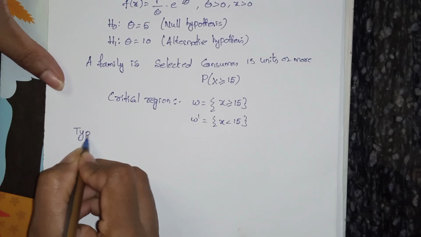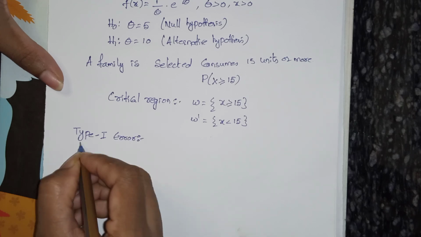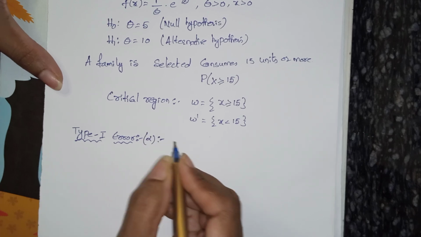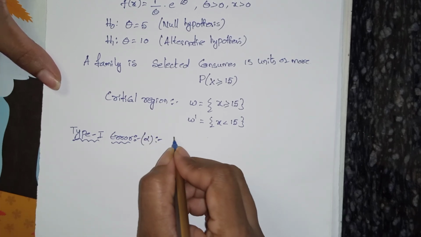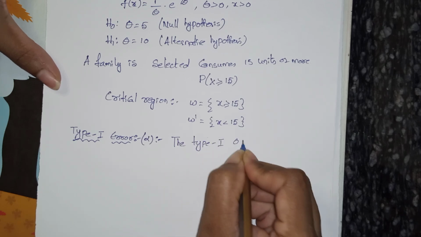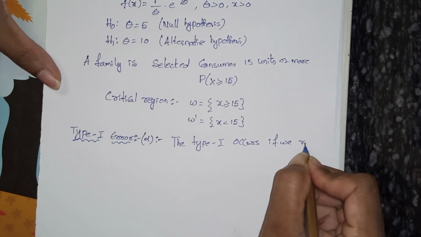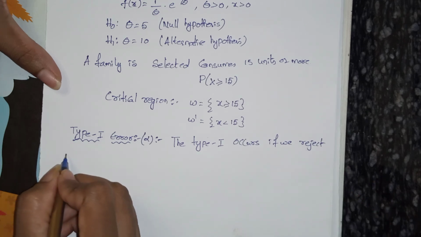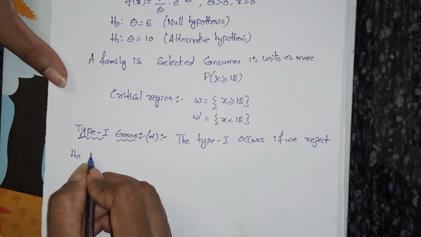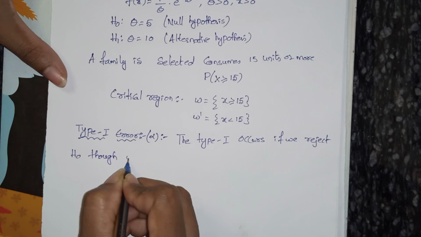Type 1 error is denoted with alpha. What is type 1 error? The type 1 error occurs if we reject the null hypothesis though it is true.